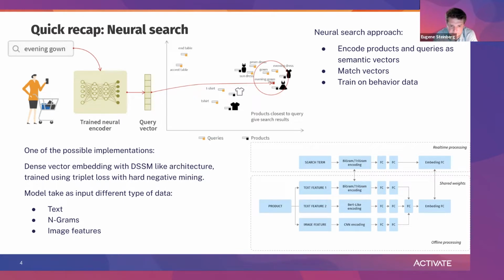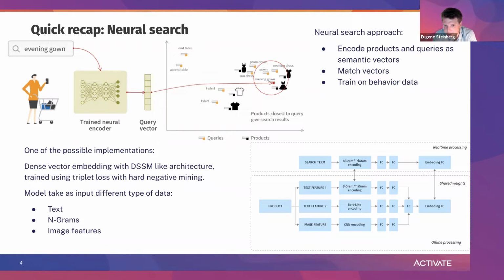One of the architectures which we presented at the last Activate is the so-called DSSM architecture, which shows pretty good practical results trained using triplet loss with hard negative mining, and takes a variety of inputs, including product queries, product text, n-grams, image features, and many other types of data which are available for the products.